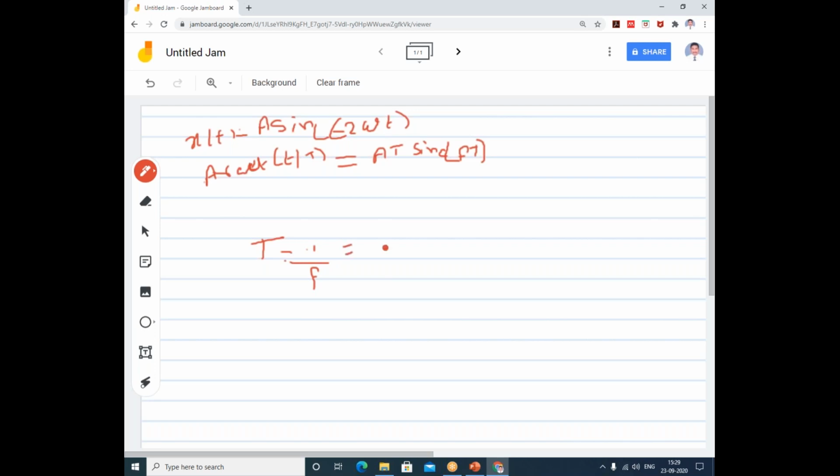But in this problem, I have x of t, which is A sinc 2 omega t. That means you please try to understand this.